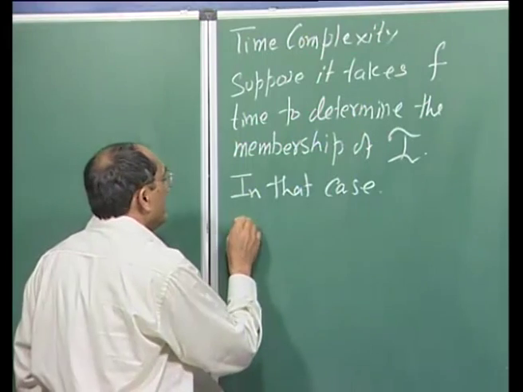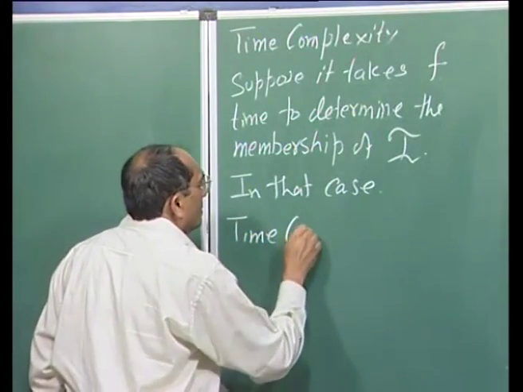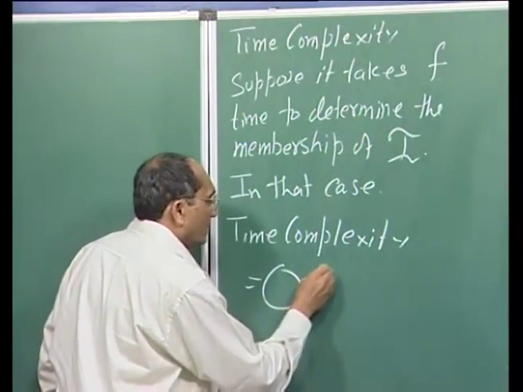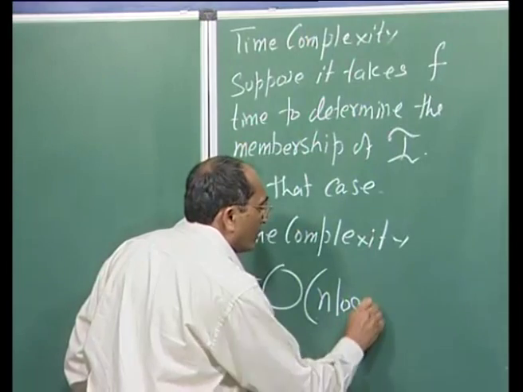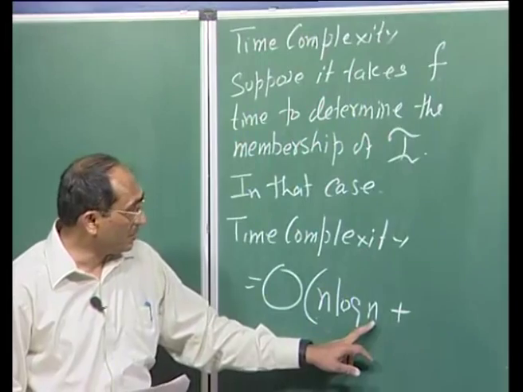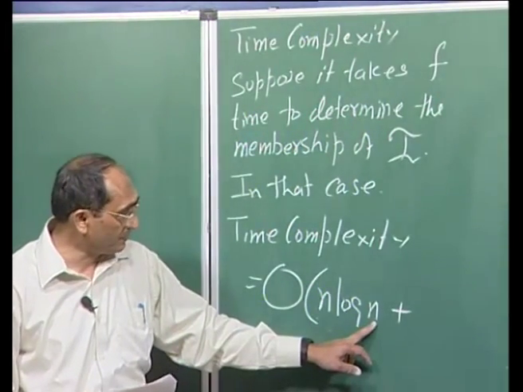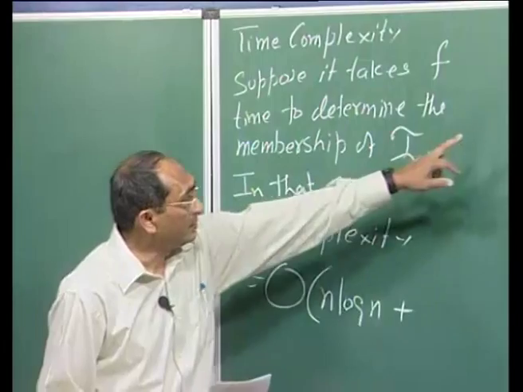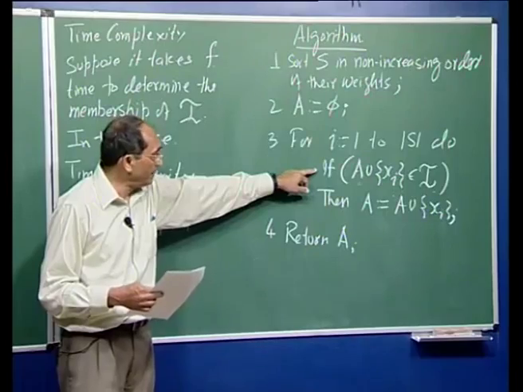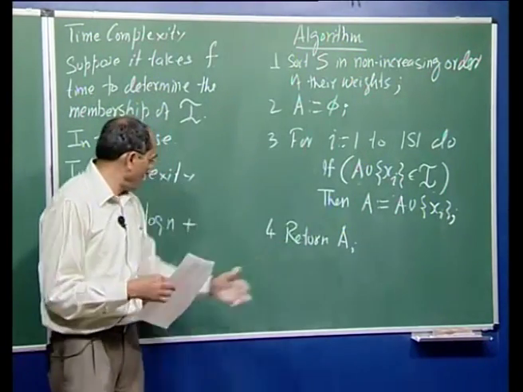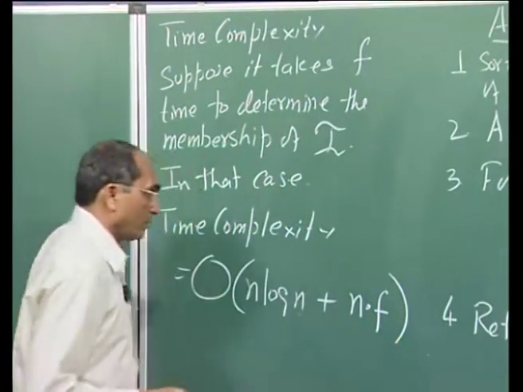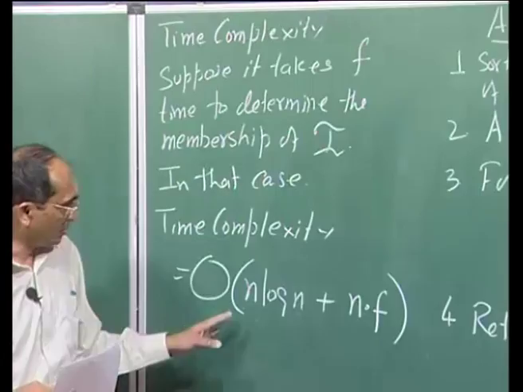the time complexity is n log n. This is because we have to do sorting. N is the total size or cardinality of S, plus in each step we do one membership check and one constant operation. So, maybe we can say this is the total cost of the for loop.